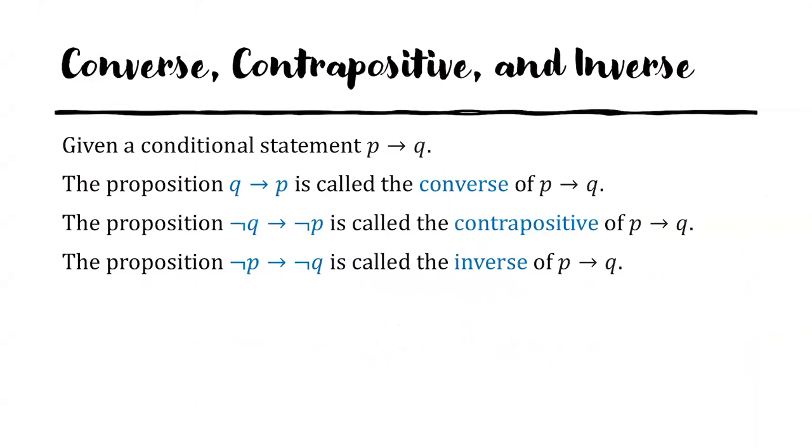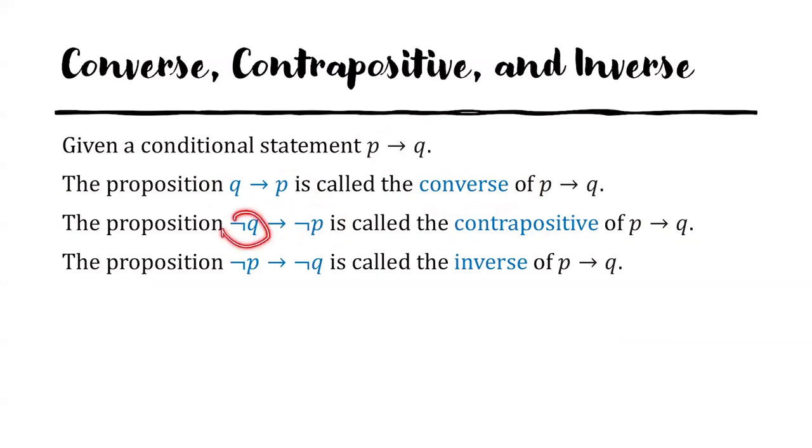Now, given a conditional statement, P implies Q, there are many things you can do with it. You can have the converse of the conditional statement, where you just flip the position of P and Q. If you just switch the position of P and Q, this is called the converse of P implies Q. Or you can not only flip them, you can also negate them.